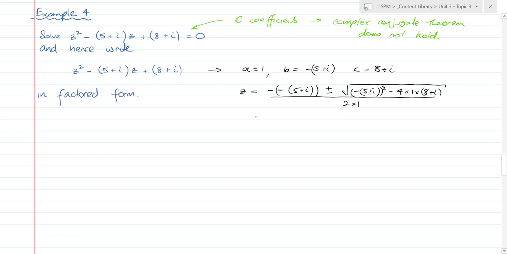Negative (5 plus i) squared is the same as (5 plus i) squared, which gives me 25 plus 10i plus i squared, and then from the expansion of the second bit I've got negative 32 minus 4i.